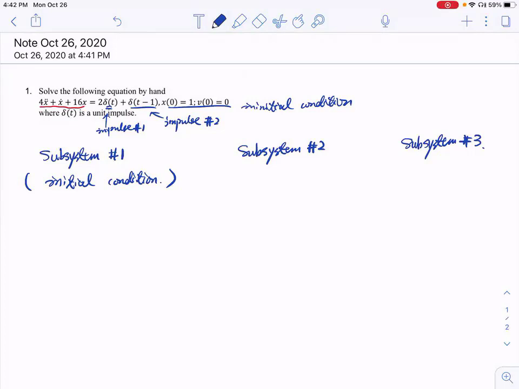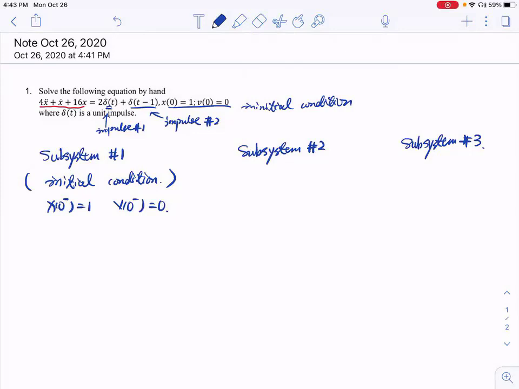In that case, you won't forget anything. So in this case, you have the initial condition x0, and remember, this initial condition is x0 minus, that's before the impulse is applied, and then you have v0 minus equal to 0.